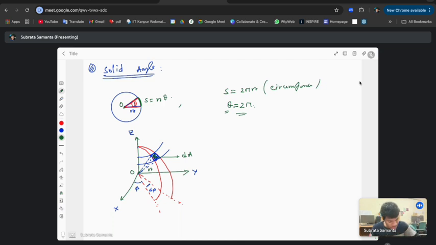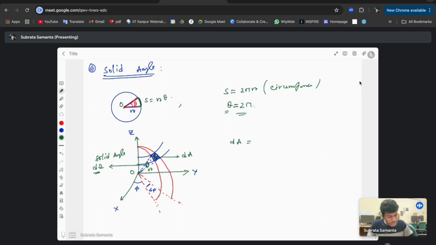So 3D object with a 2D angle. This is a solid angle. In order to calculate the solid angle, d omega, first write down the area of this small element dA on the surface.